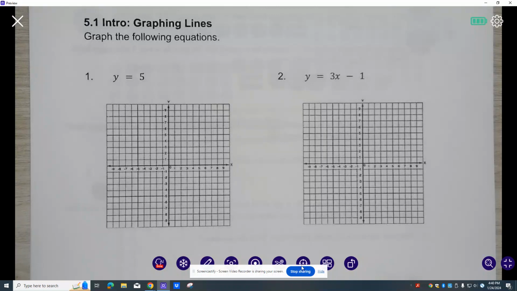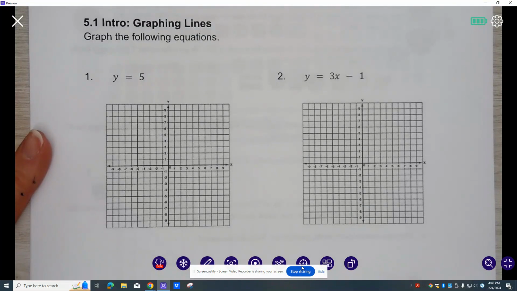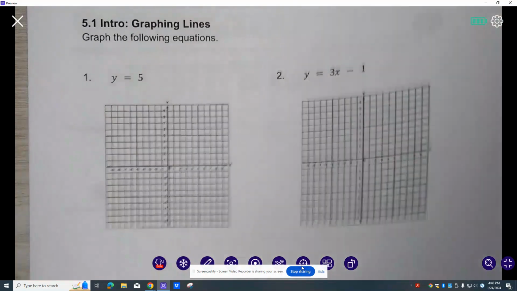Now, in your note packet that you picked up, we have an introduction here of graphing lines. I'm not going to go over this in the video, but I do encourage you to do this. This is review from chapter 4, so you really should be able to do this kind of warm-up on your own.